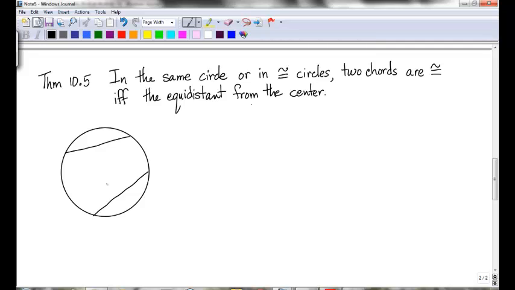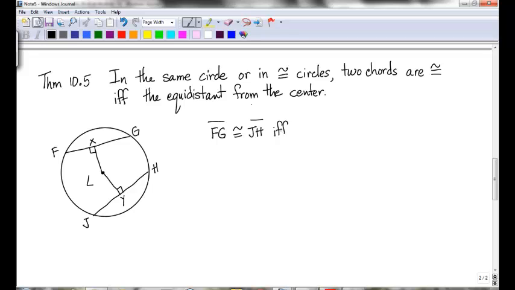Same length. In the center of this circle, label it L. Make this a perpendicular and make this a perpendicular. Label this one FG. Label this point X. Label this point Y. And JH. So FG is congruent to JH.